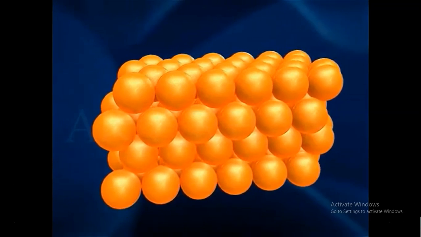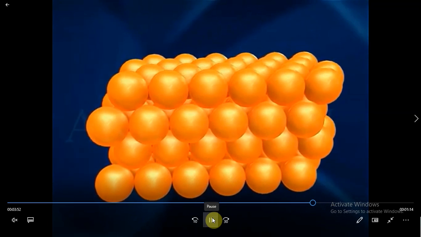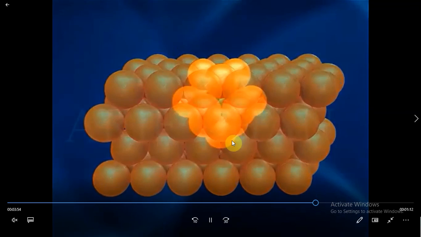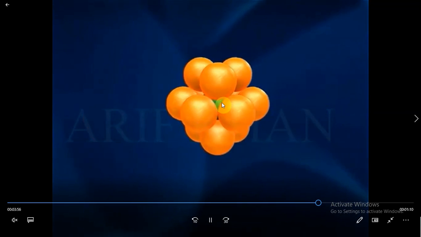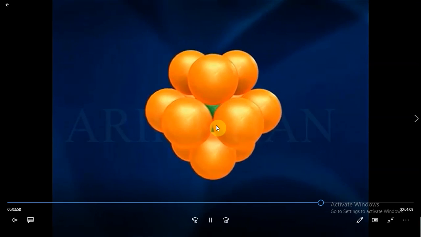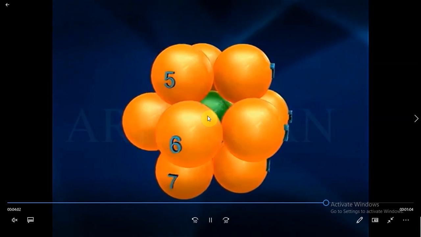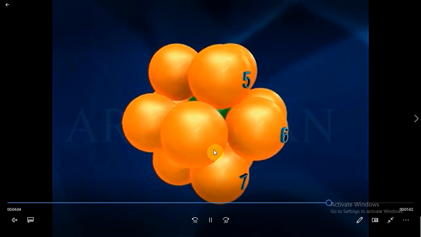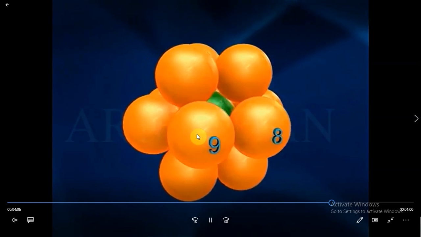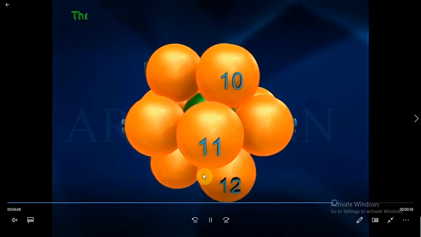So let us see. Suppose this green atom, I want to see what is its coordination number. So you see 1, 2, 3, 4, 5, 6, 7, 8, 9, 10, 11, 12.